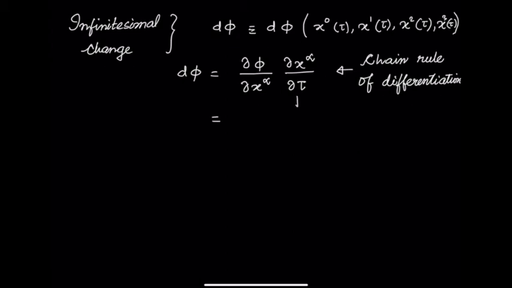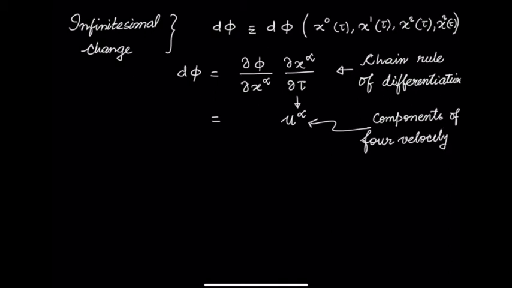What is this? Well, these are by definition the components of the four-velocity, which is multiplied by something, and after that multiplication, what I get is a scalar.